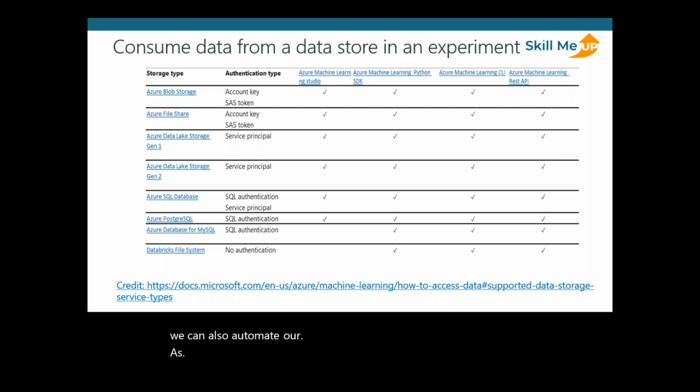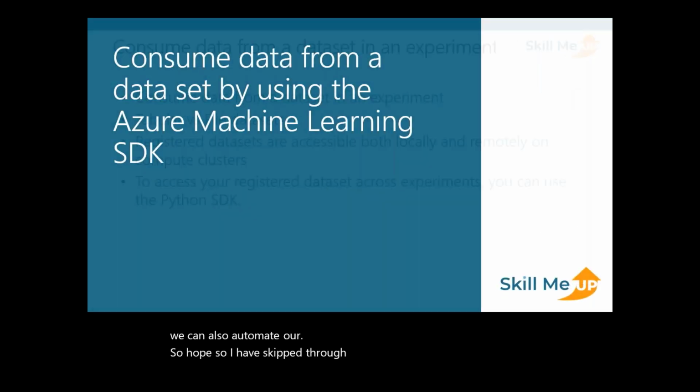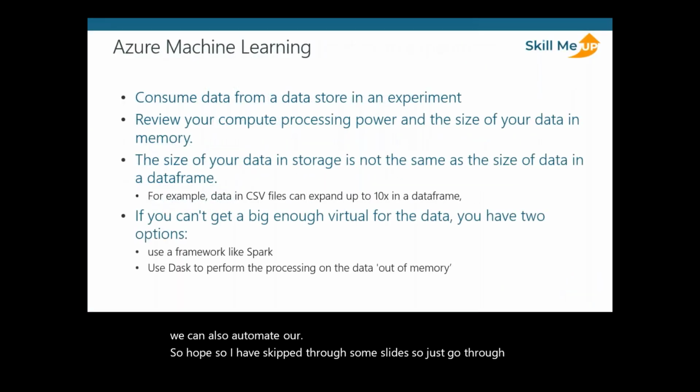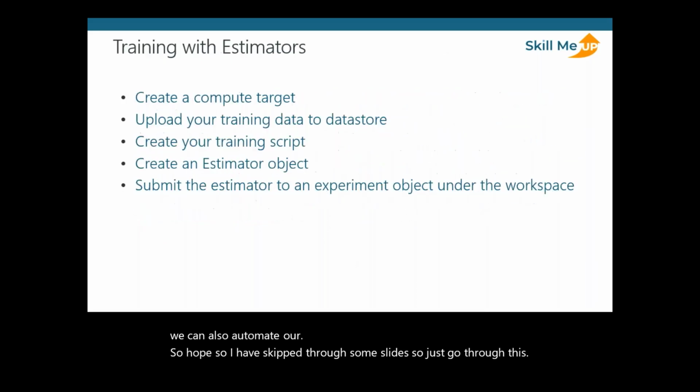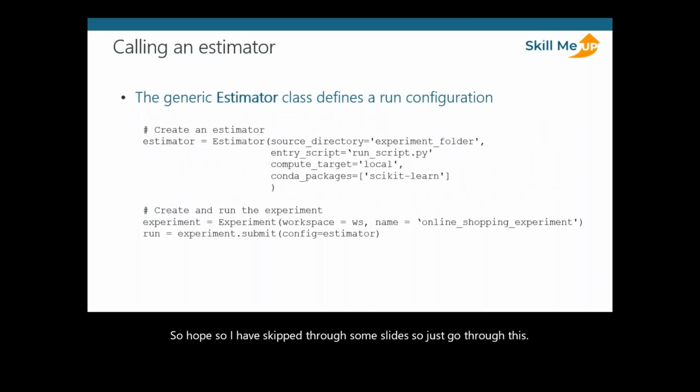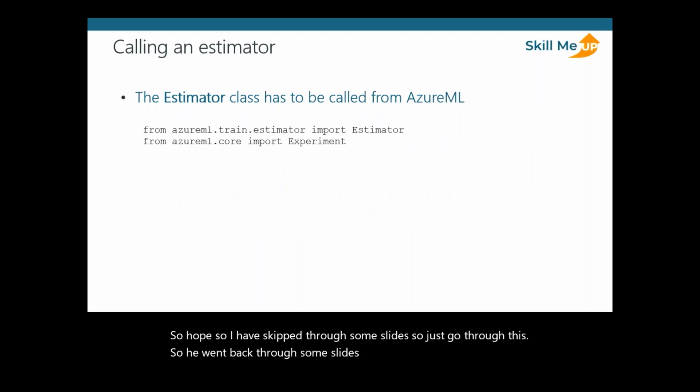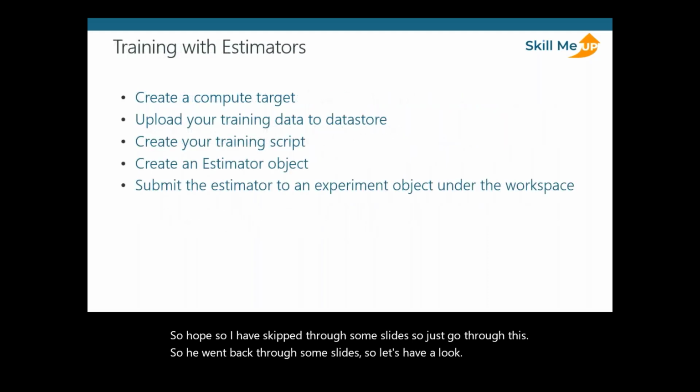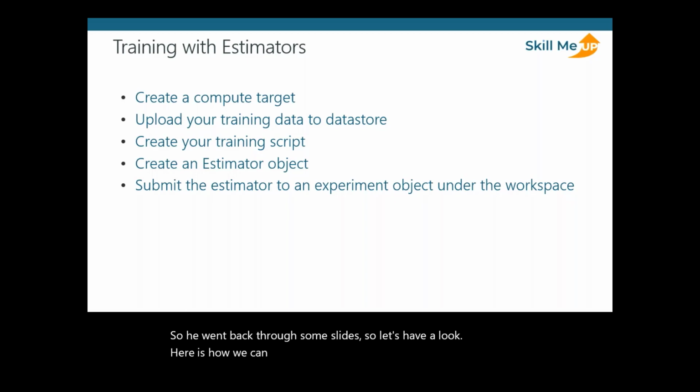Oh, sorry, I've skipped through some slides, so I went back through some slides, so let's have a look. Okay, so here is how we can train with estimators. The first thing we need to do is create a compute target, and that's going to work as the engine that's going to run our experiment.